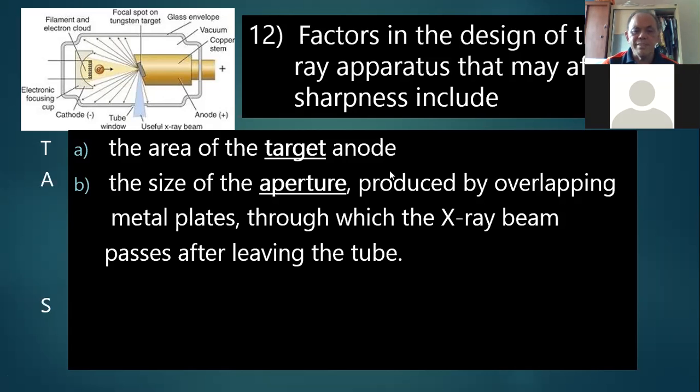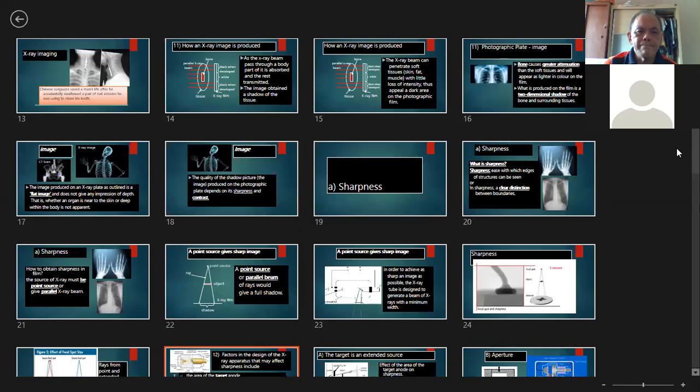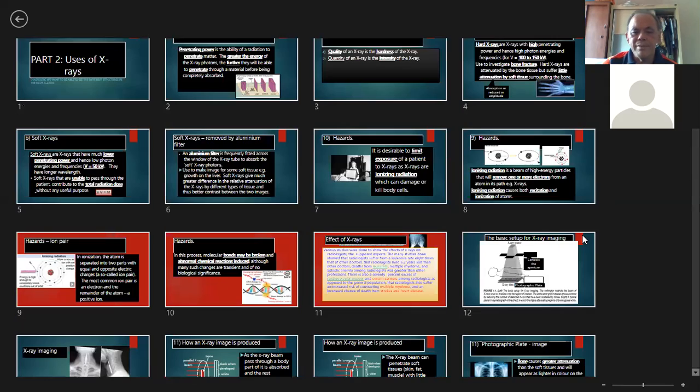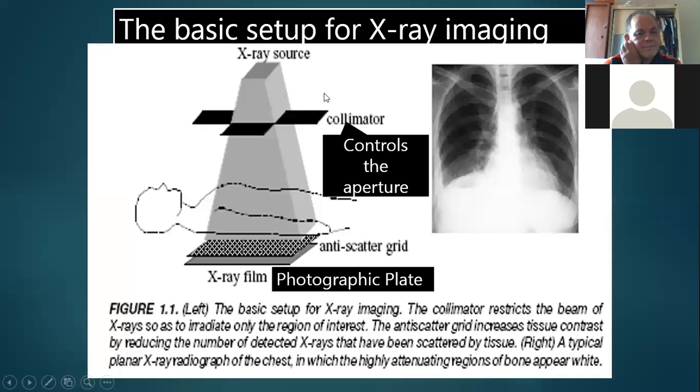So what is happening is, instead of that shadow there, we can put the plate there. Then the collimator, a metal plate there, lets us control the aperture that the X-ray will pass through.